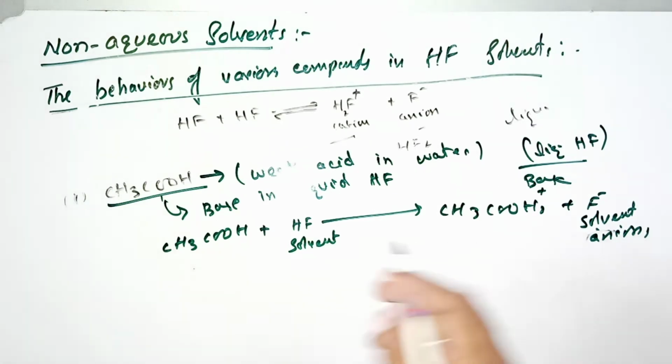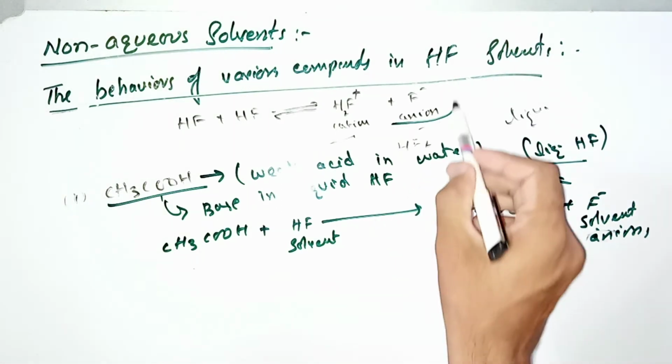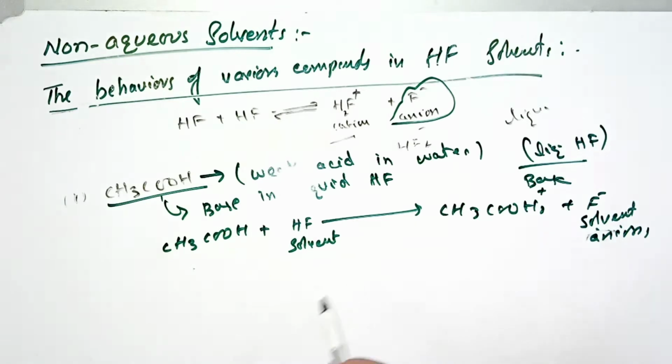That is the solvent anion, according to the auto-ionization of HF.